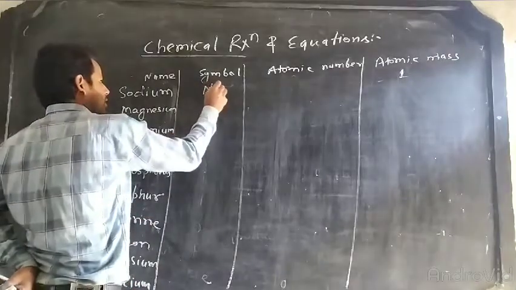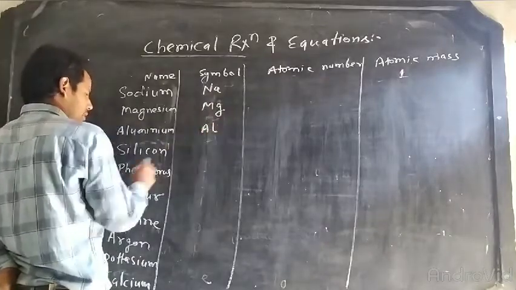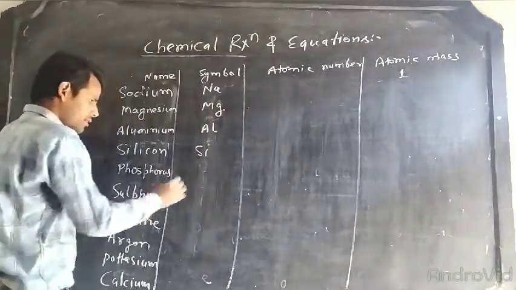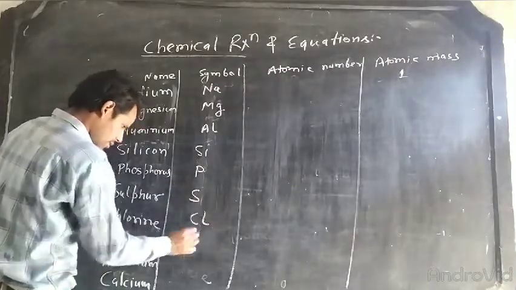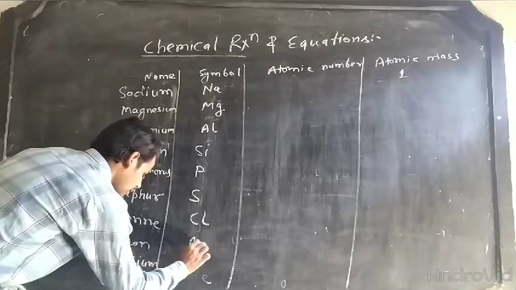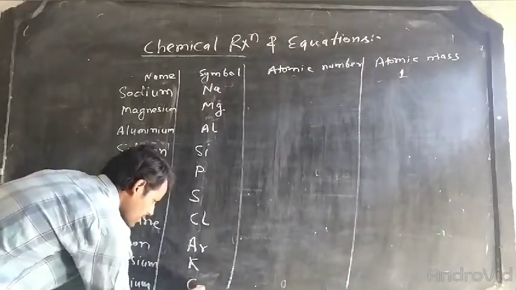Symbols are Na, Mg, Al, Si, phosphorus P, sulfur S, chlorine Cl, argon Ar, potassium K, and calcium Ca.